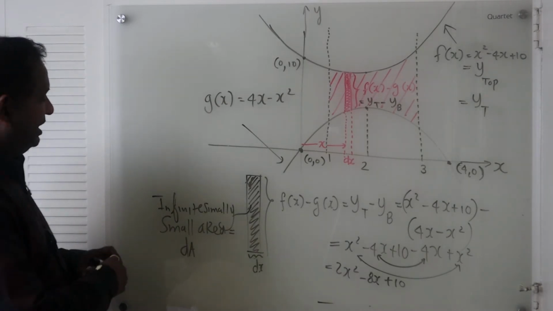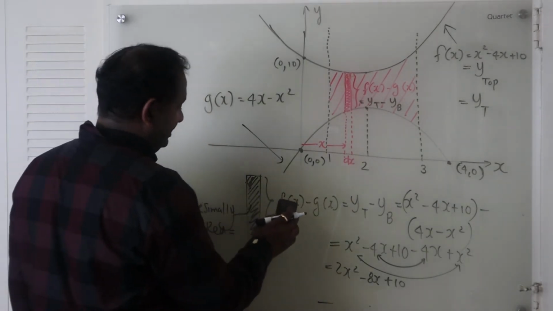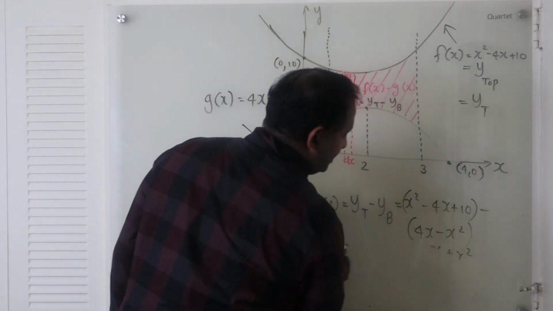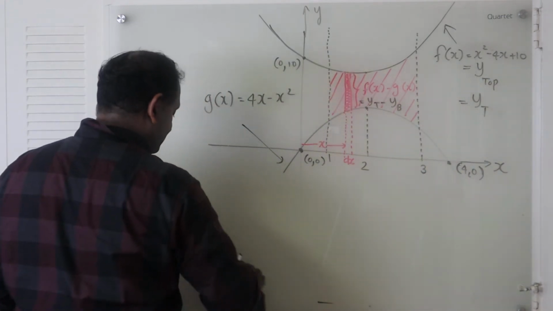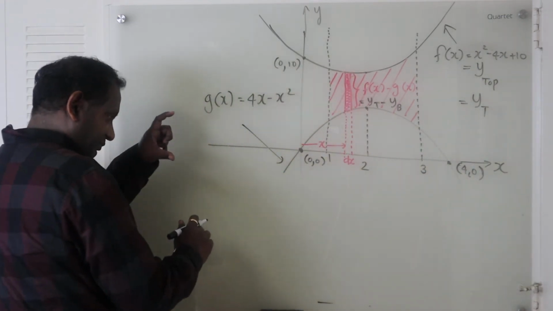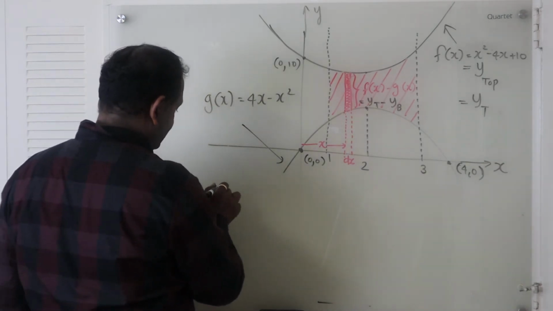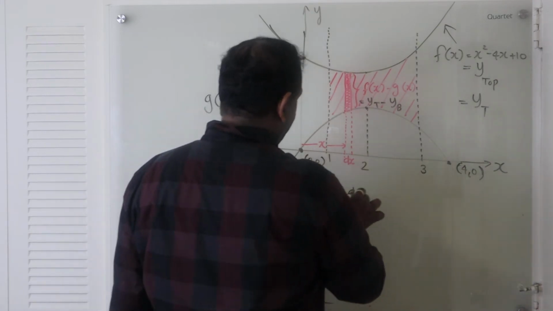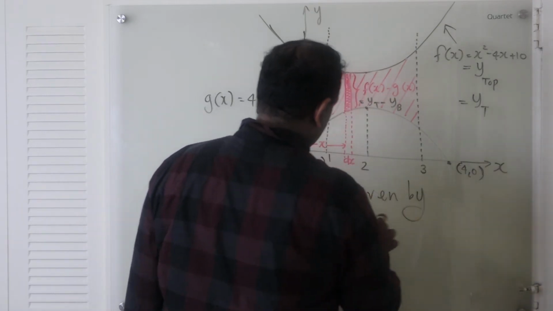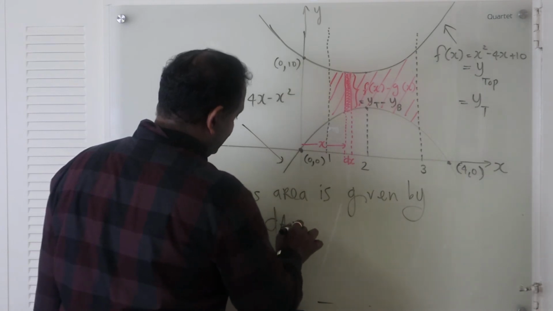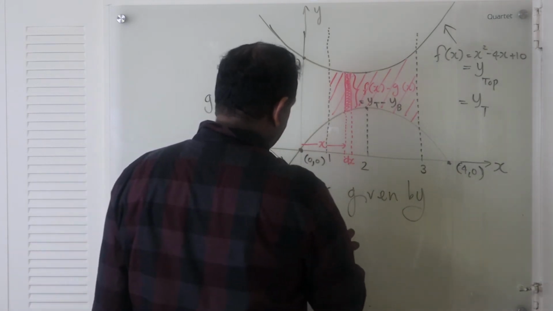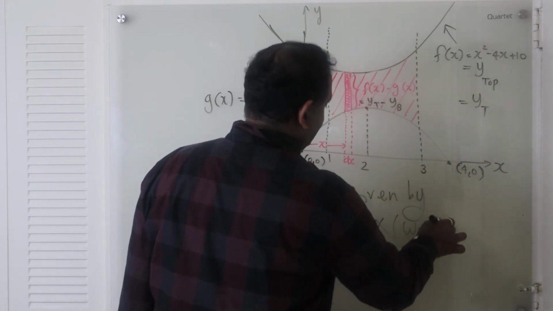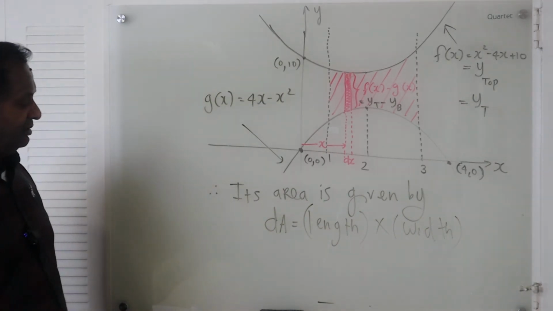Therefore, I can easily write, area, therefore, it means like I'm referring to the small vertical strip, therefore, its area is given by dA, given by length or height times width.